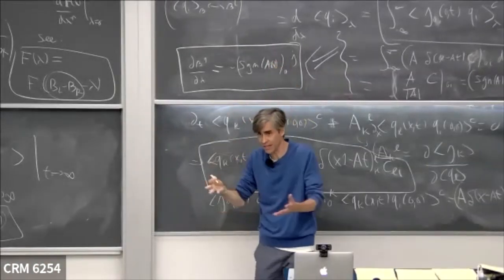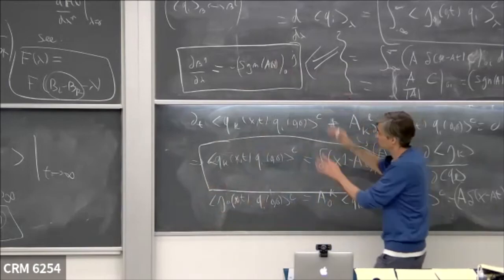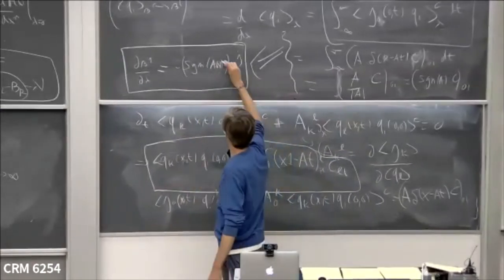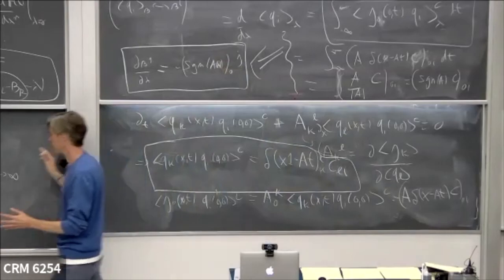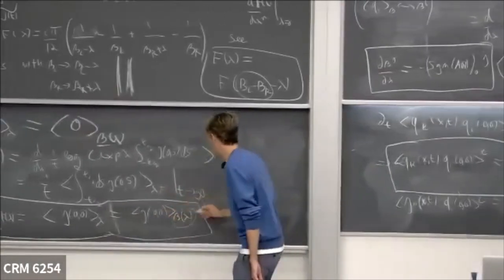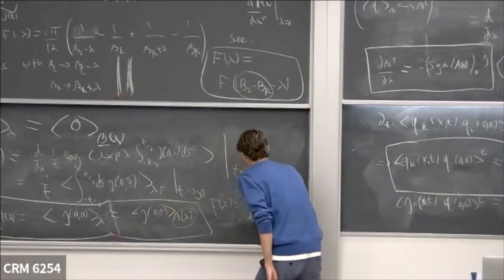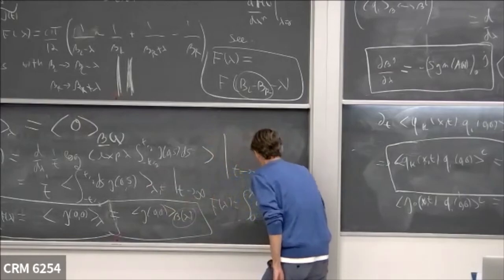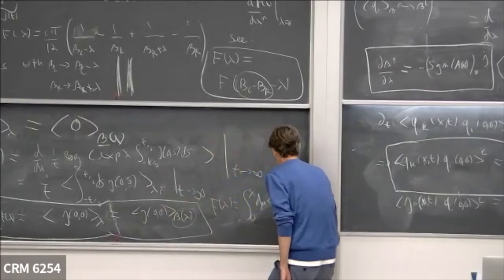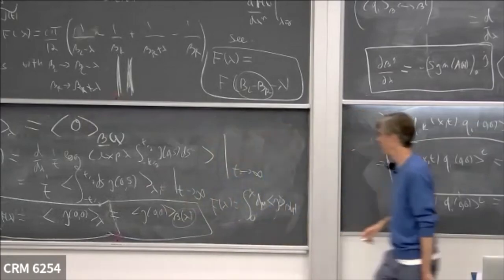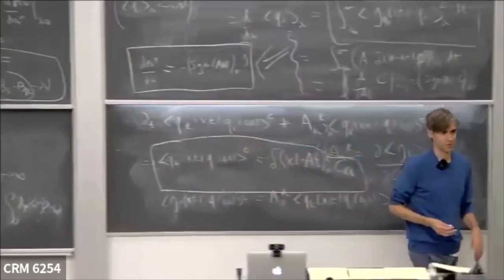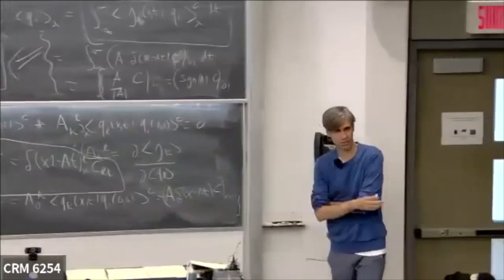It depends on the state, on beta of lambda. And you solve that. Once you have the betas, you put them in here. You can write your f of lambda explicitly as an integration from 0 to lambda d mu of the average current in the state beta of mu. And then you have the answer for the full quantum set for the CGF.